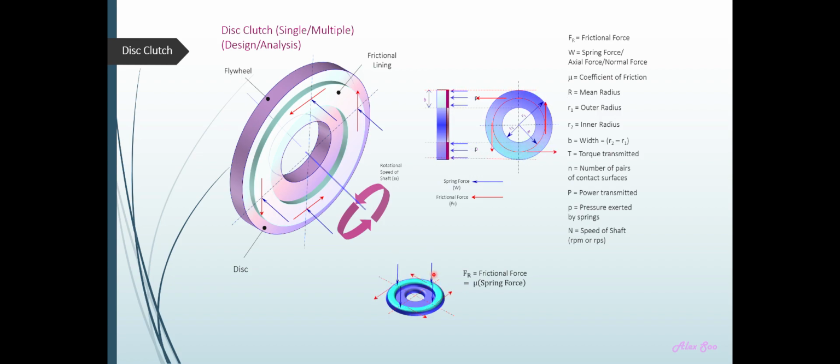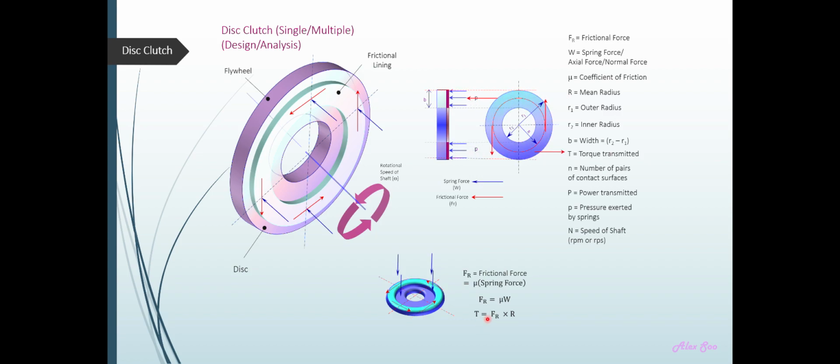So in this case, we will take it as the axial force or the spring force or the load. Therefore, frictional force is equal to the product of coefficient of friction with the normal force, that is the spring force in this case for the clutch.